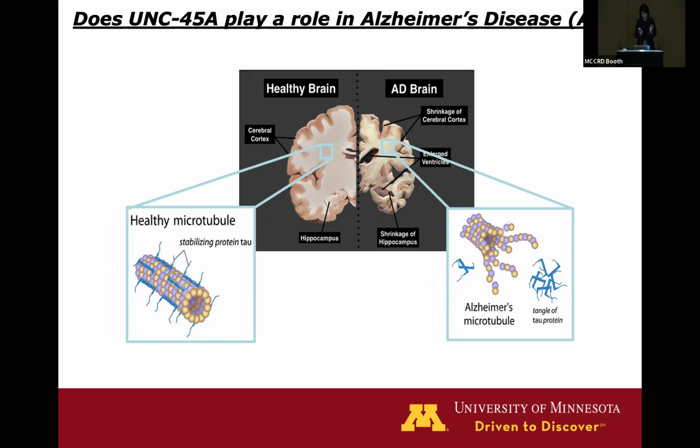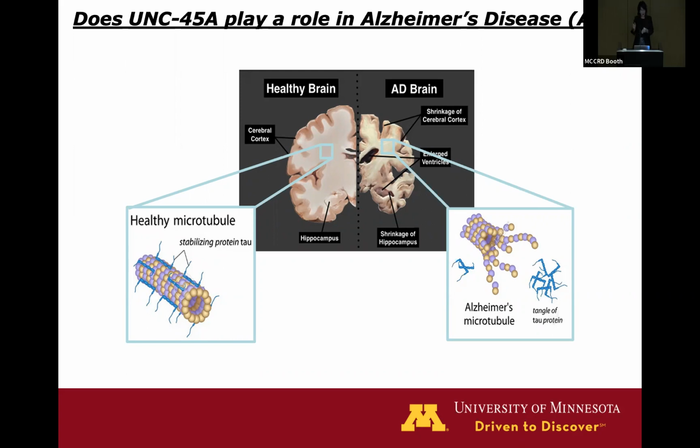So in this cartoon, what you're looking at is the representation of a healthy brain to your left. That's a healthy brain, a plump brain, in which microtubules are coated by tau that stabilizes those microtubules, allowing them to have the structure they need to function.